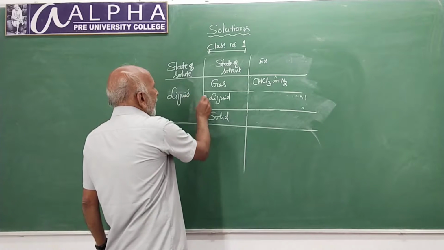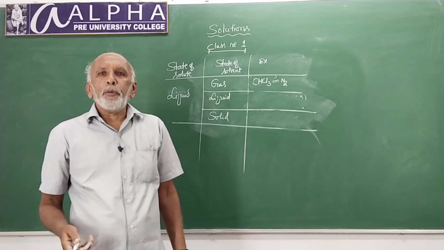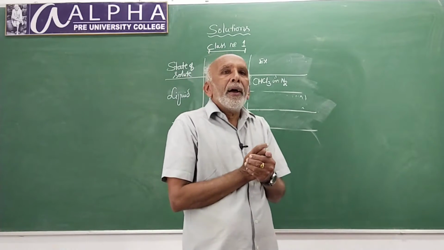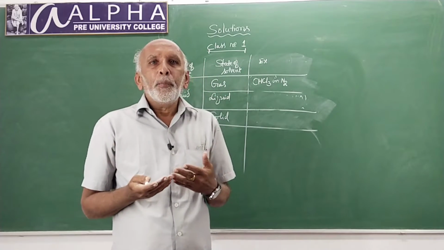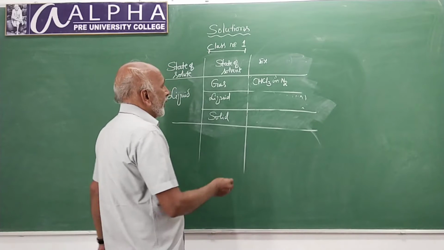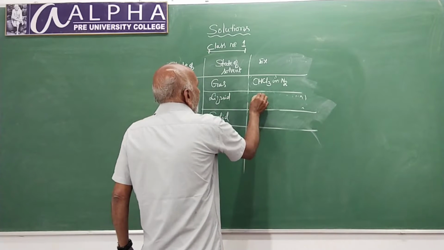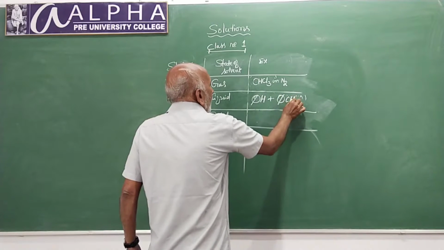Next, liquid in liquid. A liquid in liquid system is a solution in which one liquid acts as solute and another acts as solvent. Example for this is benzene and toluene.